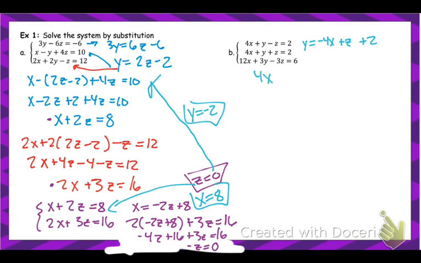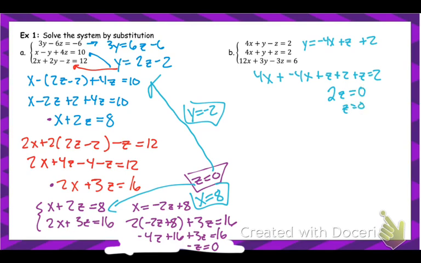So 4x plus negative 4x plus z plus 2 plus z. And then I can simplify this, and I'm going to end up with 2z equals 0. So z equals 0.